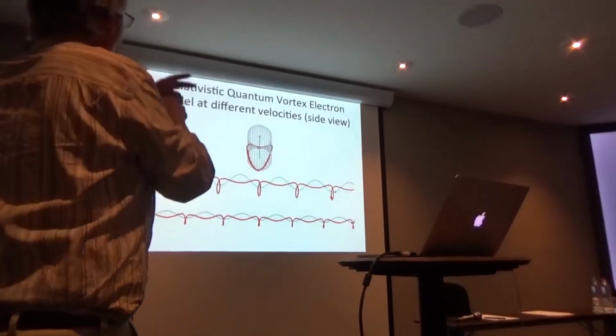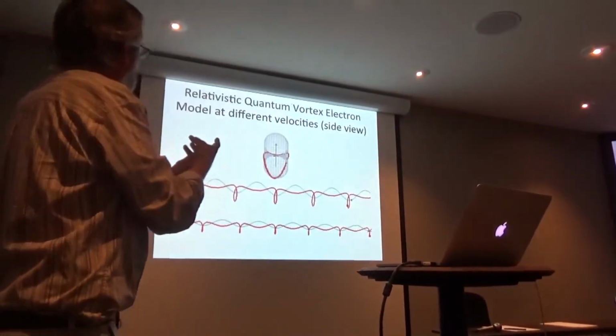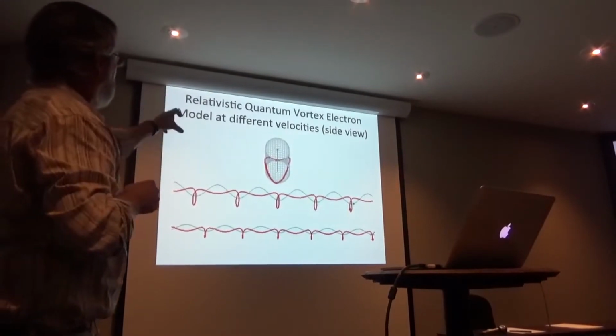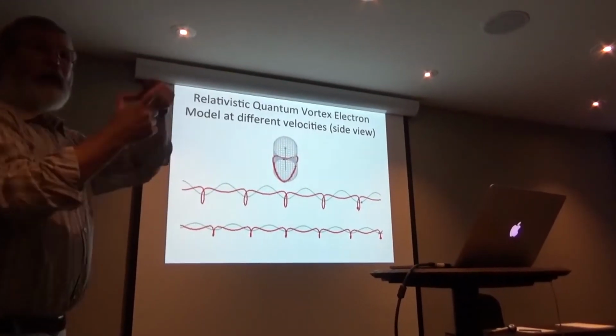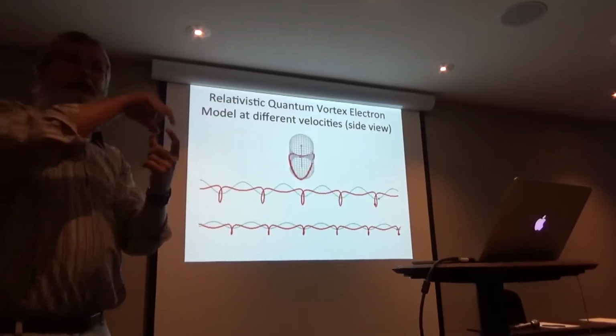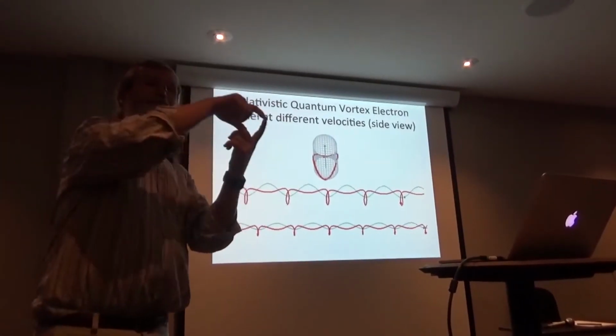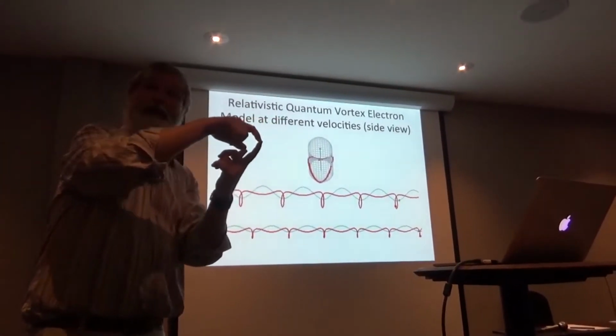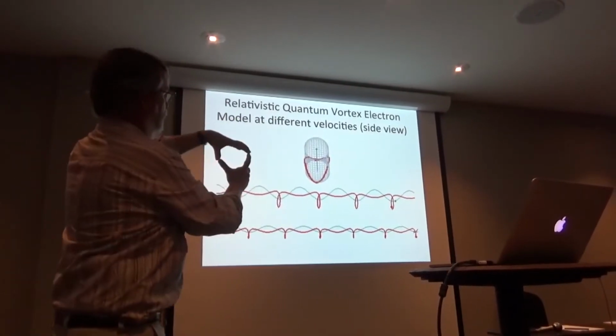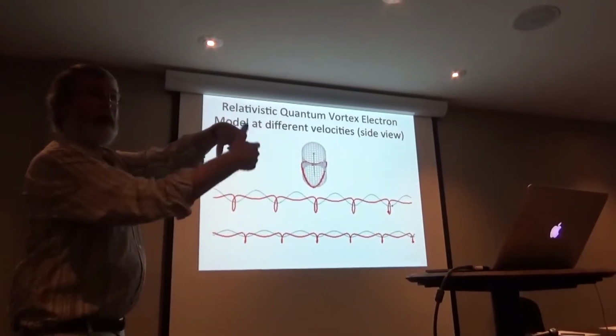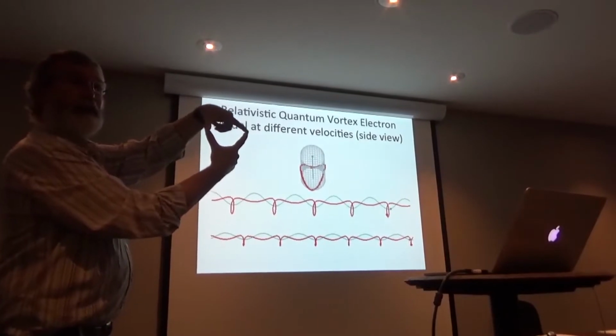But one of the results of this model is that as the electron or positron becomes relativistic, the diameter of its circular radius actually decreases with time.